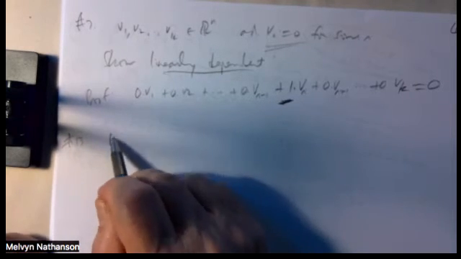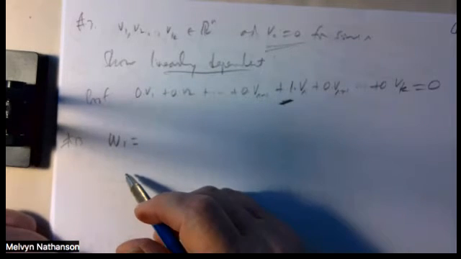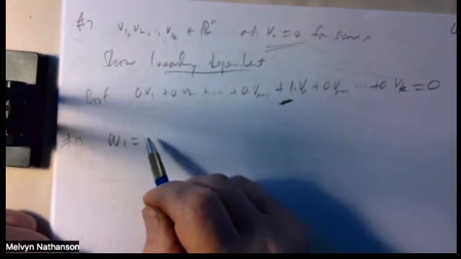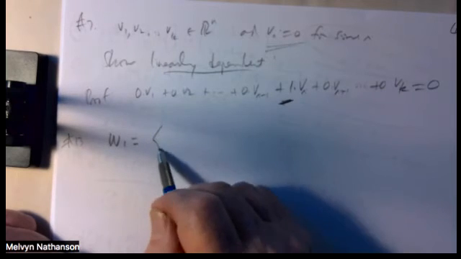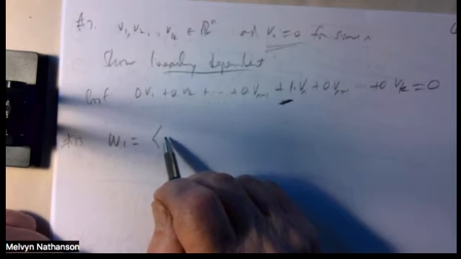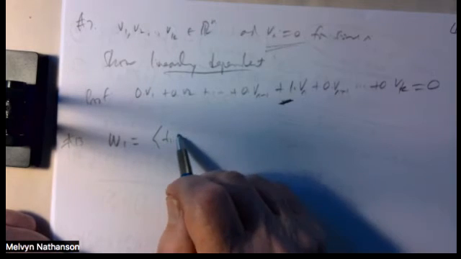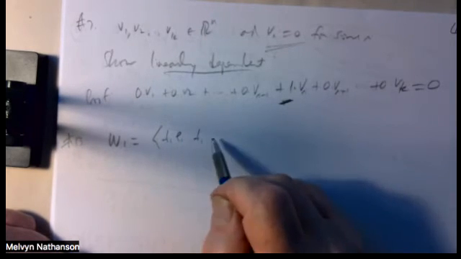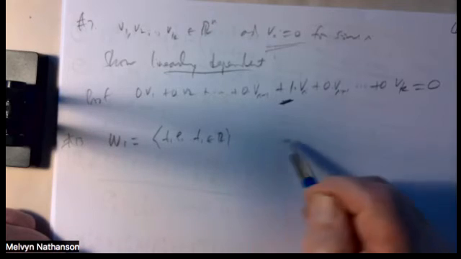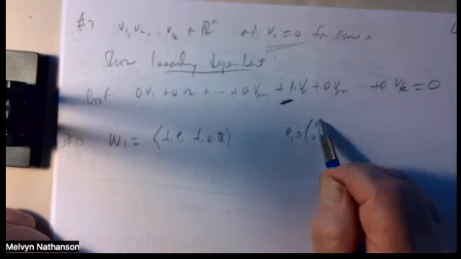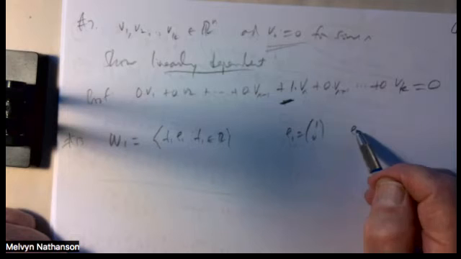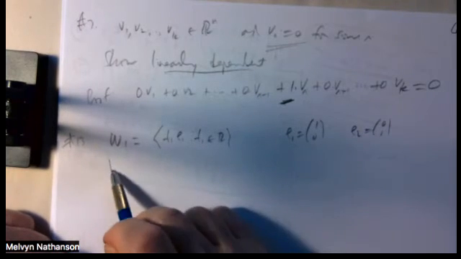What about problem 13? Suppose I take W1 to be the subspace generated by the vector E1. So all scalar multiples of the vector E1. E1 is the vector 1, 0. E2 is the vector 0, 1.